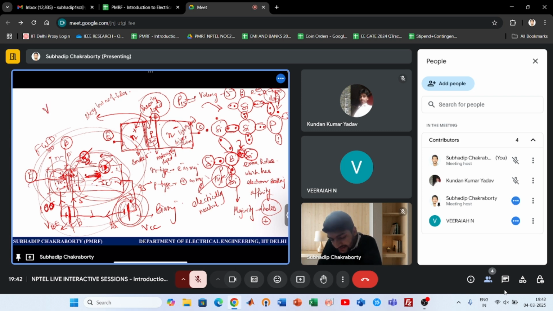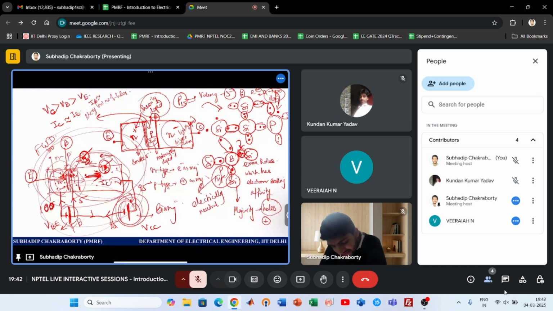So always remember that the biasing voltage VC is greater than VE, and the current IC is almost equal to IE for normal operation of the BJT.